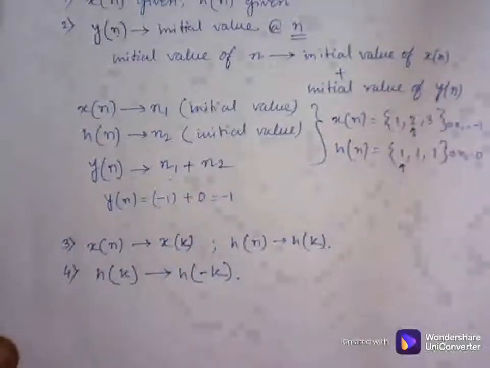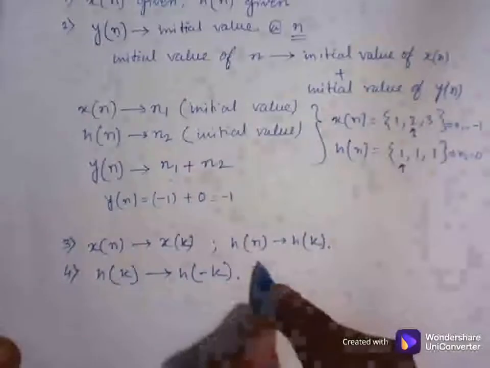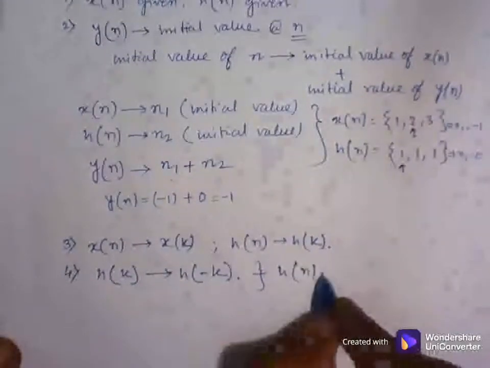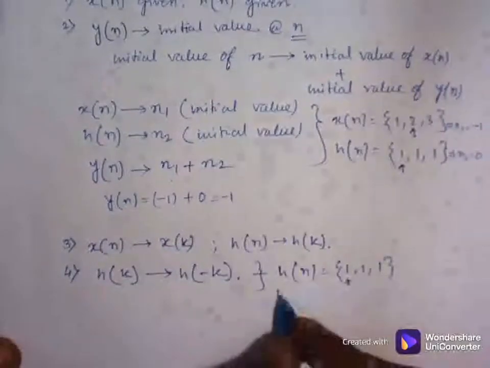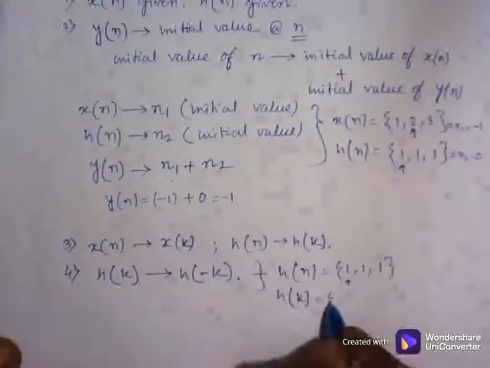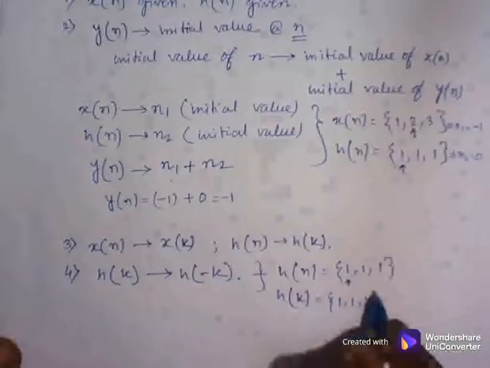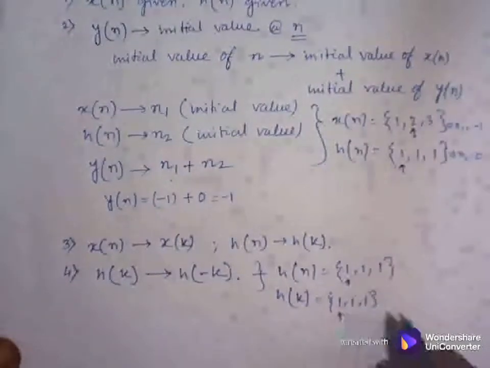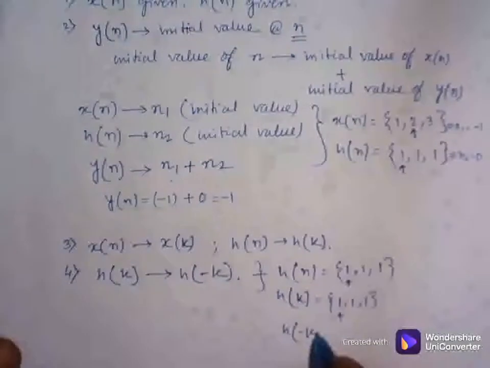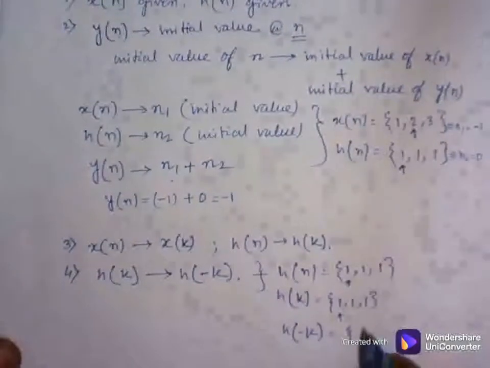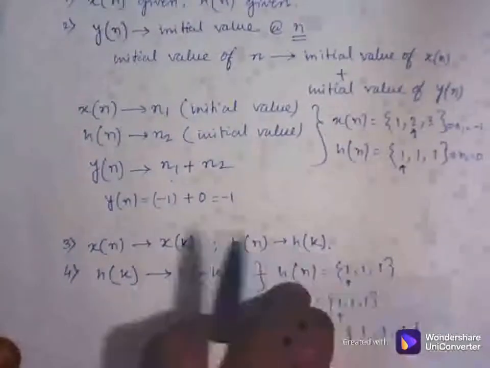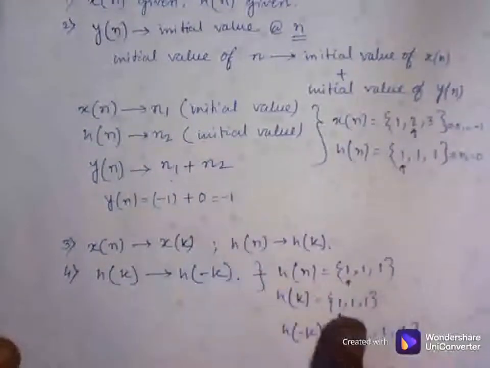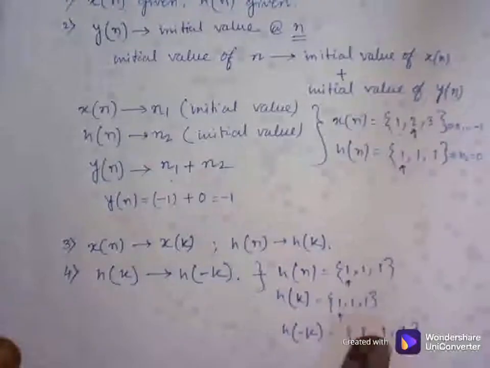In this example, h of n equal to 1, 1, 1. So first I express h of n as h of k, 1, 1, 1, and now I have to fold it to h of minus k, that means 1, 1, 1. So just fold this signal, this one goes here, this one goes here, and this one goes here. So that is h of minus k.